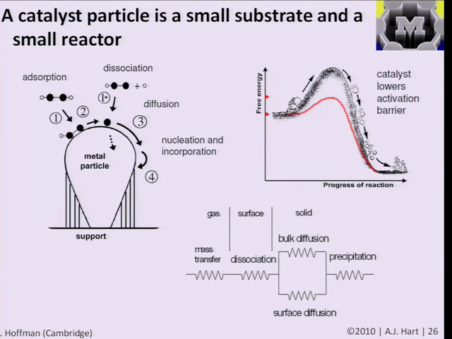And you have many steps involved in this process, and here it's just represented by a kind of resistor diagram where you have transport of the precursor in the gas phase to the structure, you have dissociation on the surface of the structure, you have diffusion in the bulk of the particle and also on the surface of the particle, and then you have the precipitation of the precursor out of the particle to produce the final structure.